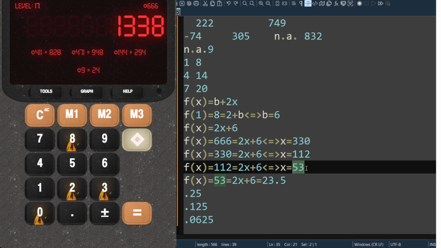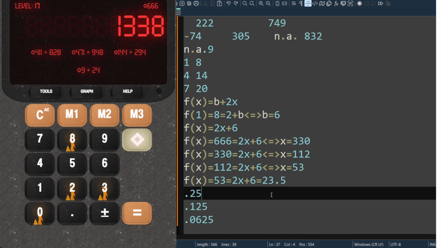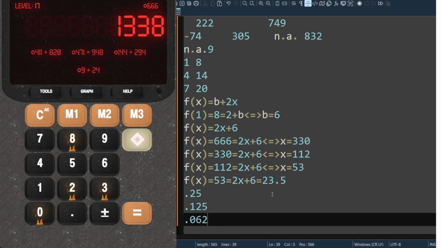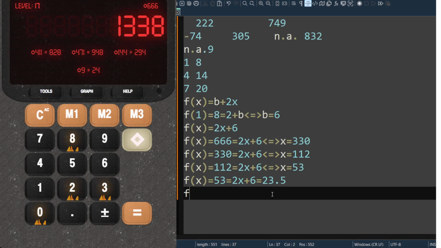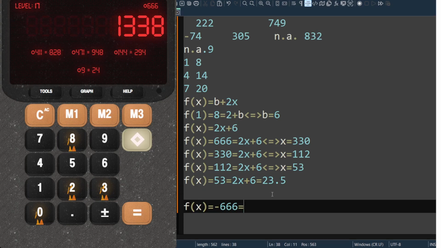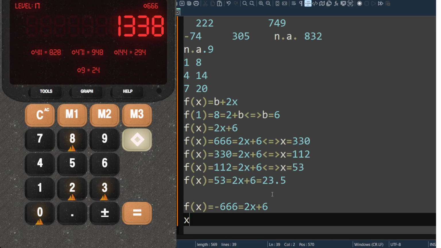Let's try out, instead of this, minus 666 and let's try that. Maybe it's a little easier, or maybe a little faster, or maybe it's even possible. That would be pretty nice. Let's try this entire thing once more. Minus 666, 2x plus 6, and this means x equals, I'm going to shorten the mathematical correctness here, because I'm pretty lazy.